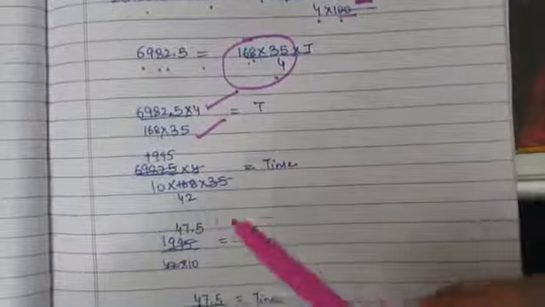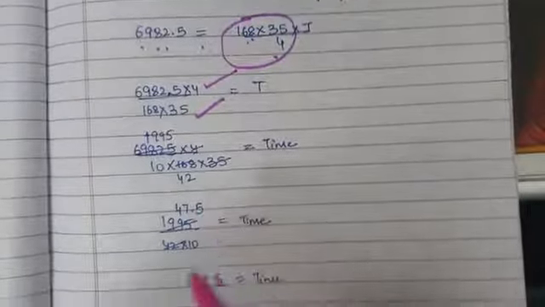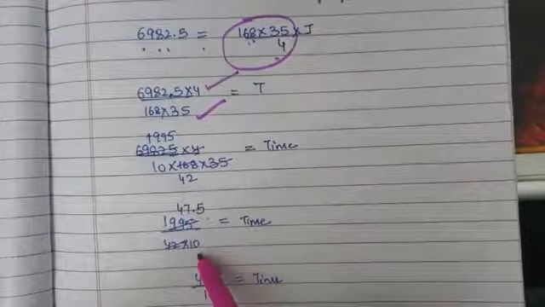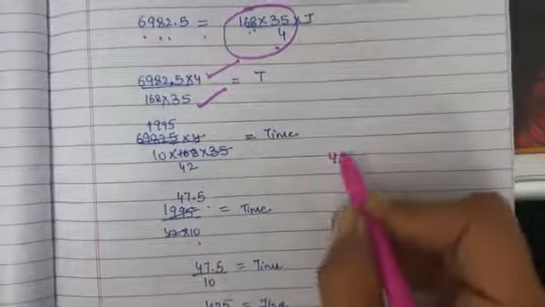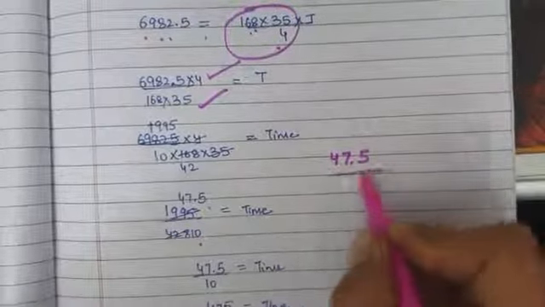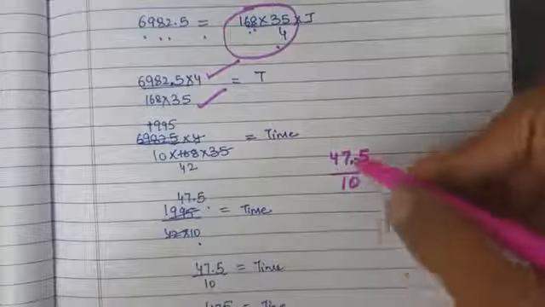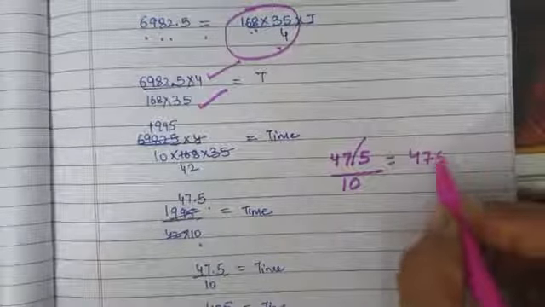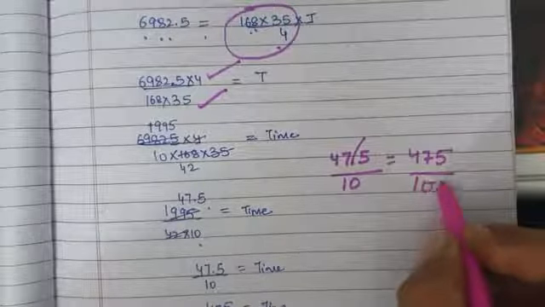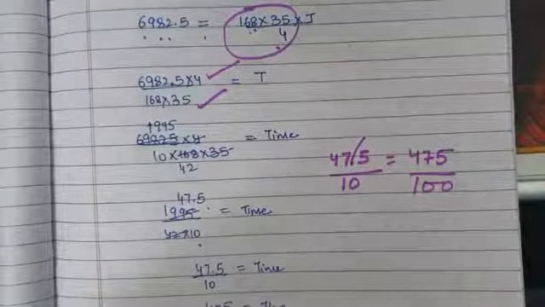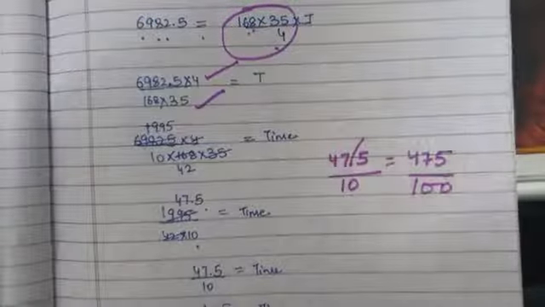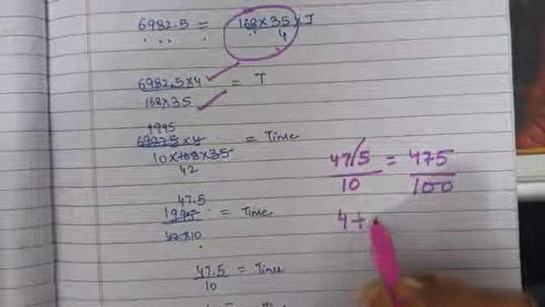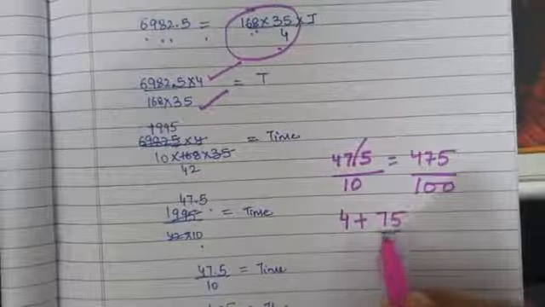So now on cancellation, we get what? 47.5 upon 10. Now remove the decimal. What we get? 475 upon 100. Clear children? Now it can be written like this: 4 plus 75 upon 100.